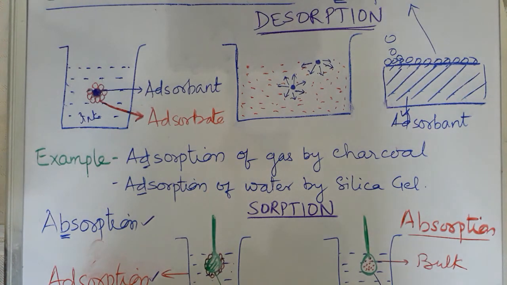The process of removing an adsorbed substance, or the process of removing the adsorbate from the surface of the adsorbent, is known as desorption. Adsorption is accumulation of adsorbate molecules on the surface of the adsorbent, and desorption is the process of removing adsorbate molecules from the surface of the adsorbent.